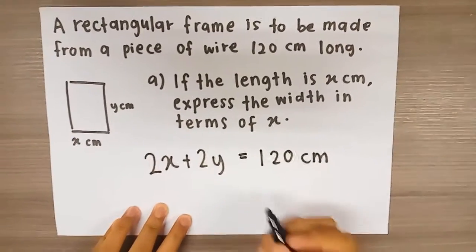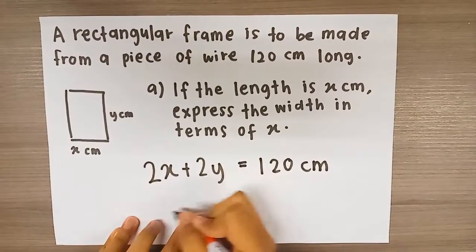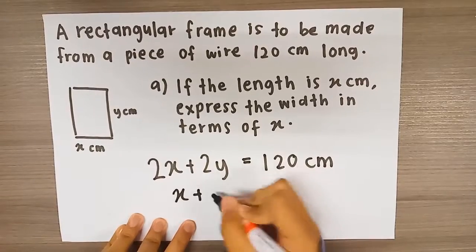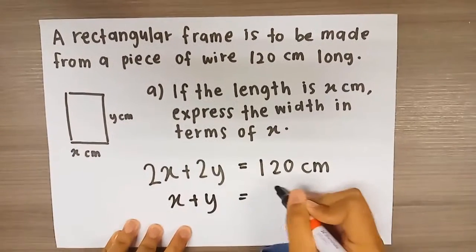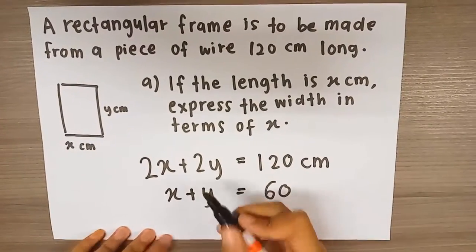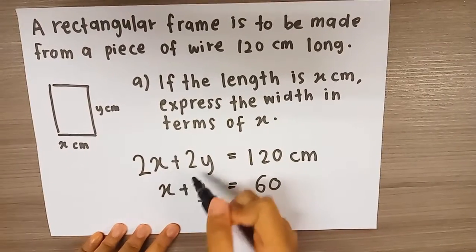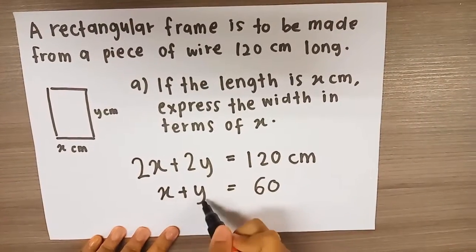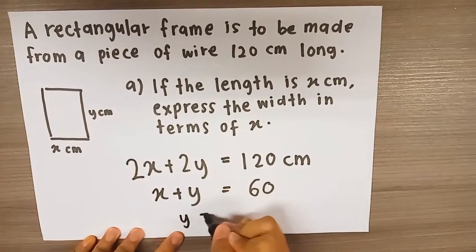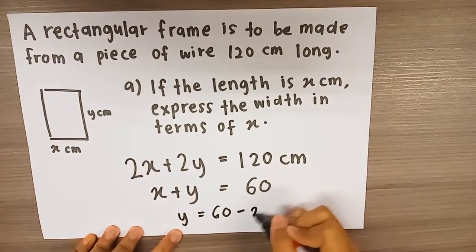Then we express y in terms of x. We simplify the equation and we get x plus y equal to 60. Then y equals 60 minus x.